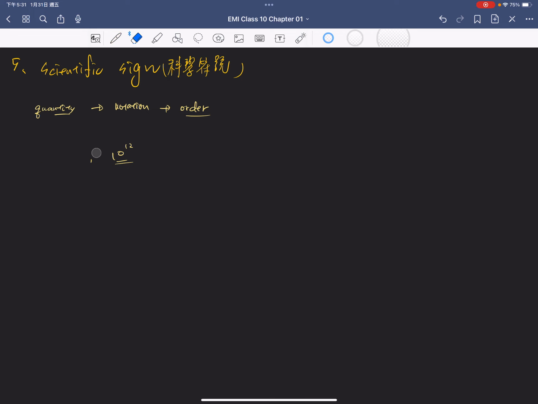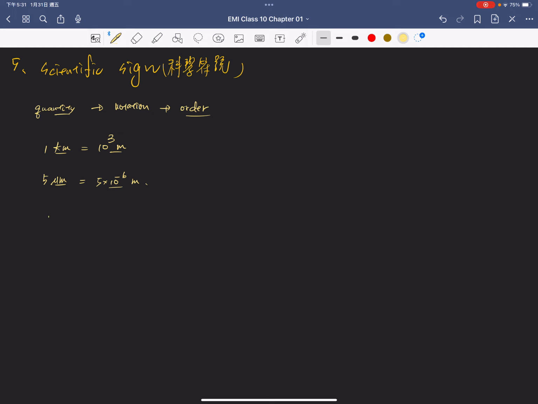So just like the kilometer, 1 kilometer means 10^3 meters. And also 5 micrometers means 5 times 10^-6 meters.